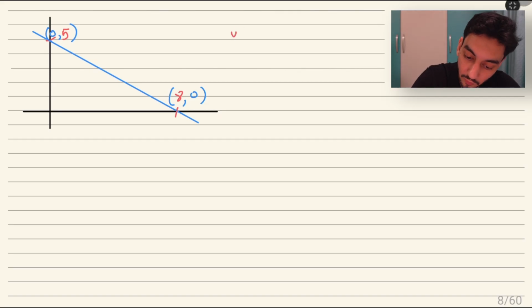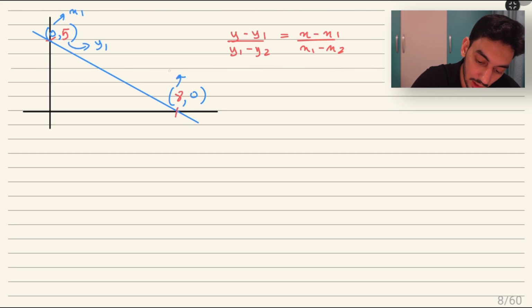What's the 2-point form? It is y minus y1 upon y1 minus y2 is equal to x minus x1 upon x1 minus x2. I'll consider this thing to be my first point. So x1 is 0 and this is my y1, which is 5. 8 is my x2 and 0 is my y2.